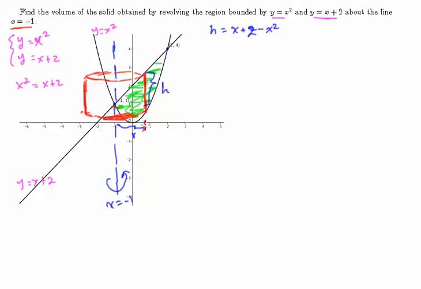The distance from the x-axis to the bottom of the segment is x squared. So that segment is x plus 2 minus x squared. And now let's calculate the radius. The radius is that distance, which is x plus 1. This is actually true even if x is on this side of the y-axis. If it was on this side of the y-axis, it would be a negative number, and then you add that negative number to 1, it will give you whatever that distance would be.